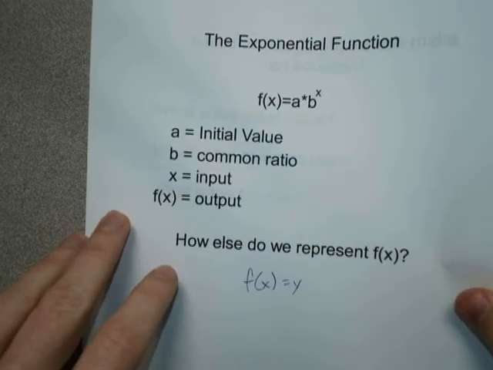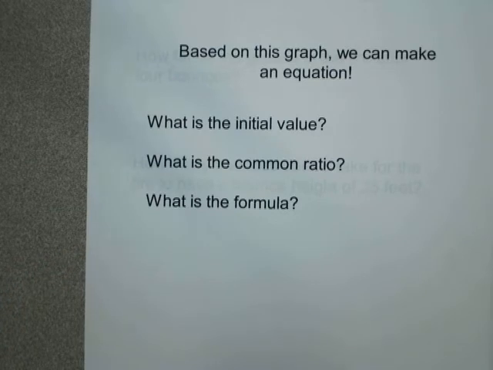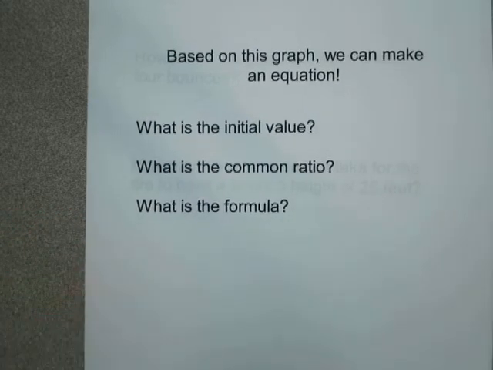So let's take a look. Based on the graph of our tire bouncing down the side of the mountain, we can establish a few things. The first thing is, what is the initial value? When we say initial value, how far have you moved? The answer is you haven't moved at all.